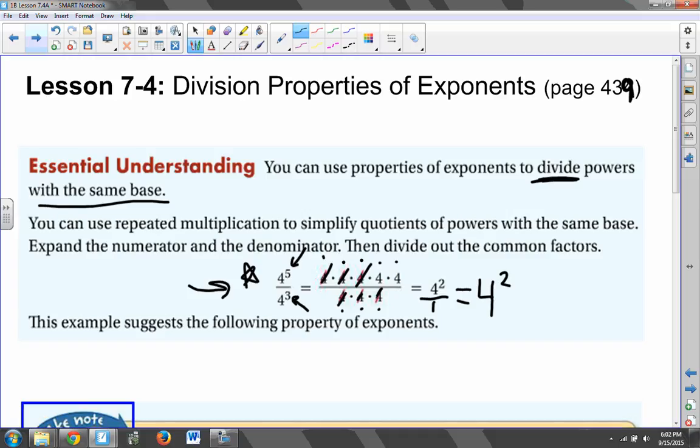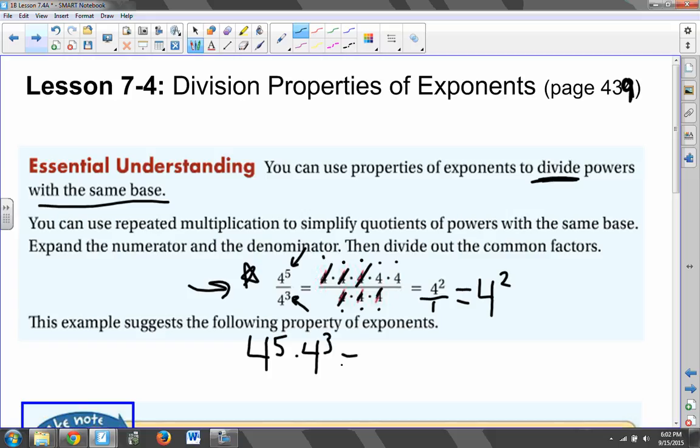So when we see expressions with the same base but different exponents on the top and bottom of a fraction, the rule that we are about to write down says all we have to do is subtract those exponents. Just as a refresher, when we see different expressions with the same base multiplied together, what do we do with the exponents in this case?